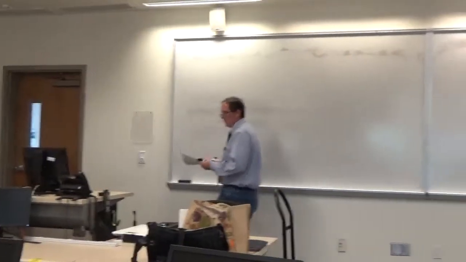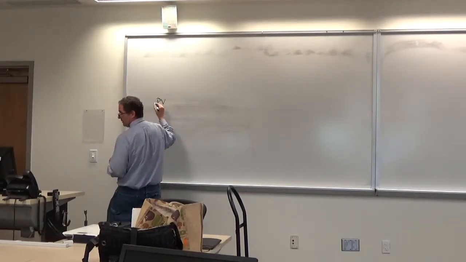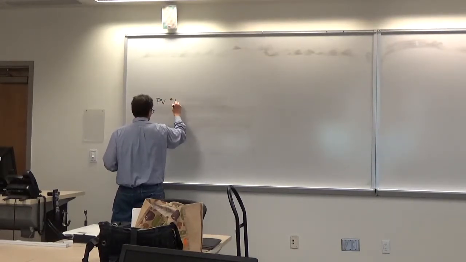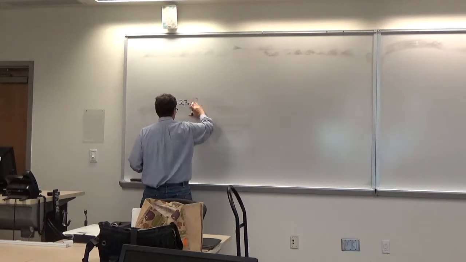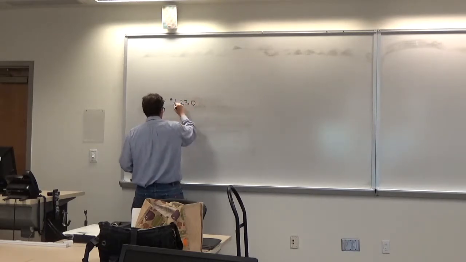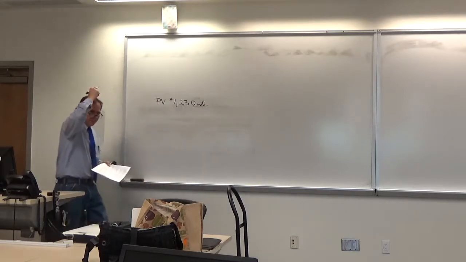So let's run the net present value on this thing. We already know the present value. So let's say that the present value is 1.23 billion, or we'll just make it easier, 1,230 million.